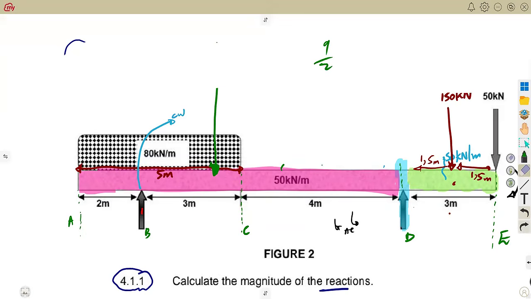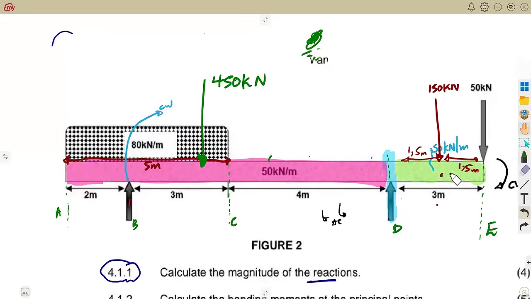Okay, sorry for that, guys. I wrote something there, so it's gonna affect. I wanted to say 450 kilonewton. Just ignore that part.